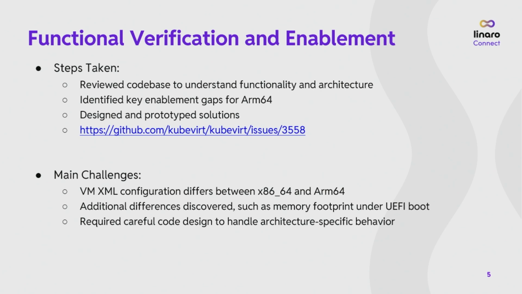Then we can identify the key enablement gaps preventing it from running on ARM64. After we know the gaps, we can break them down into different issues. As we cannot solve all issues at once, we take an incremental approach.